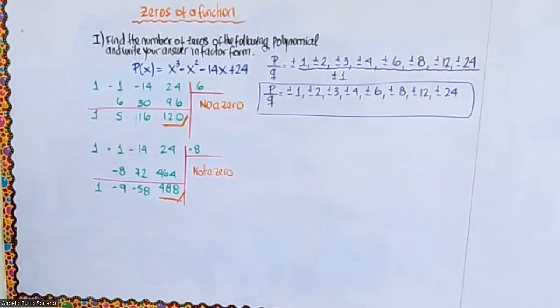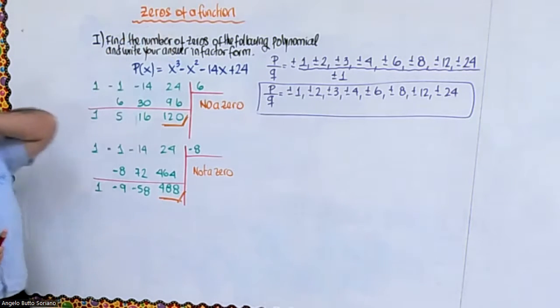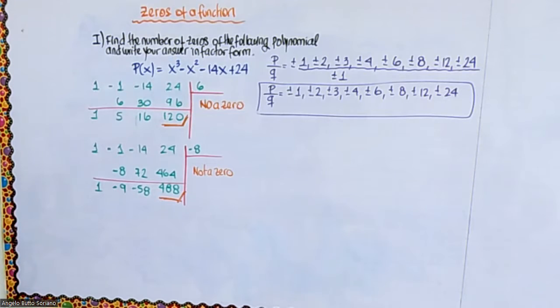Okay, another try. Well, we can use, if you wish, number 2. So we have to keep going until we find the zero. That's why you have to try one by one these numbers until we find a 0. We're going to try with the number 2.